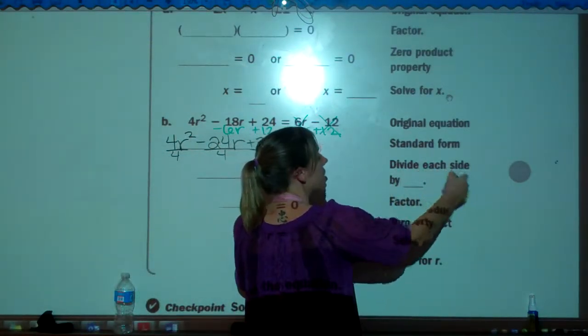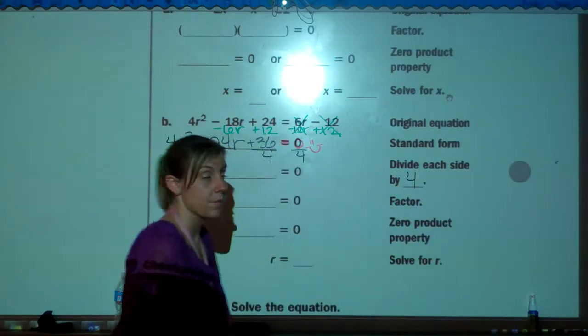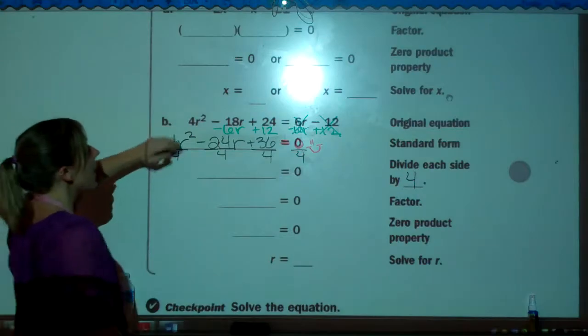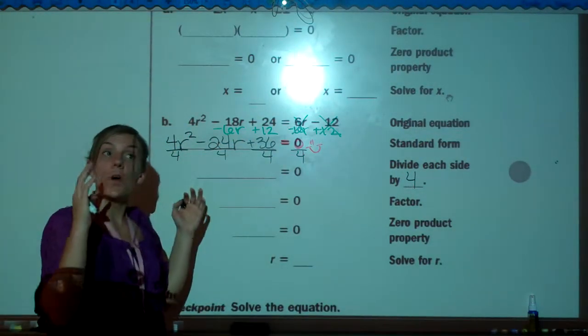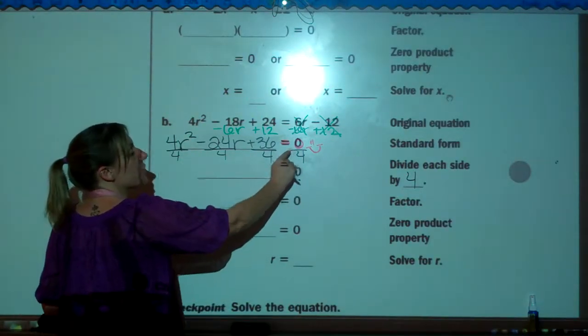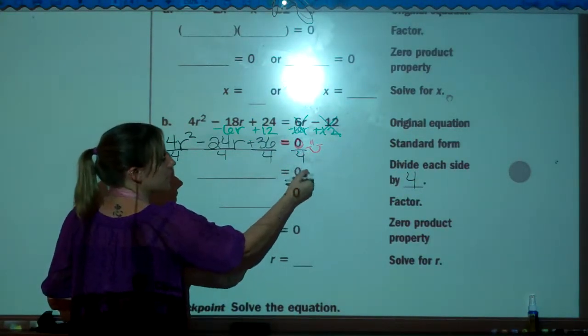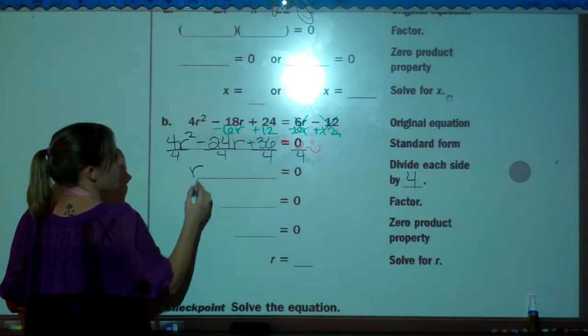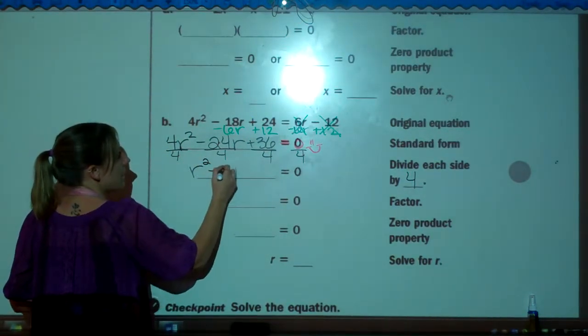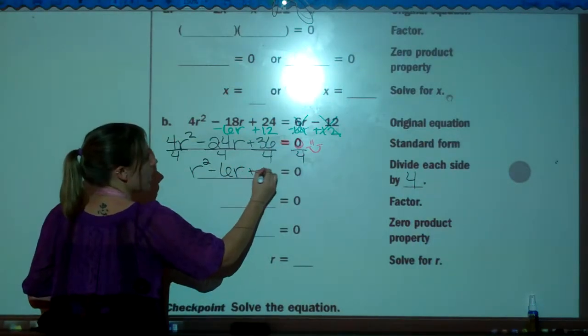Okay, so divide each side by a 4. That's like factoring out the GCF, but you can drop it because you did it on the right side as well. So you get 0 over here. 4r squared divided by 4 is r squared minus 6r plus 9.